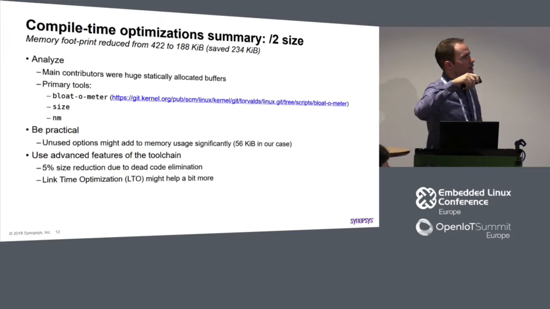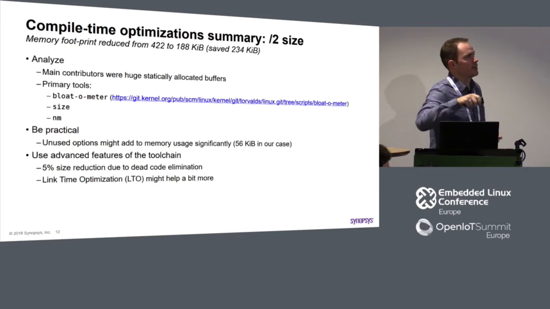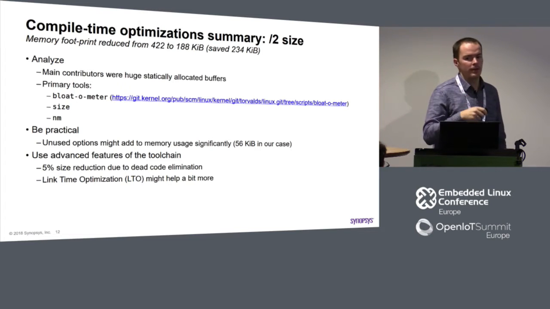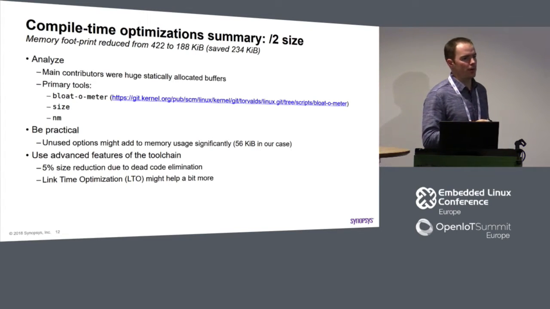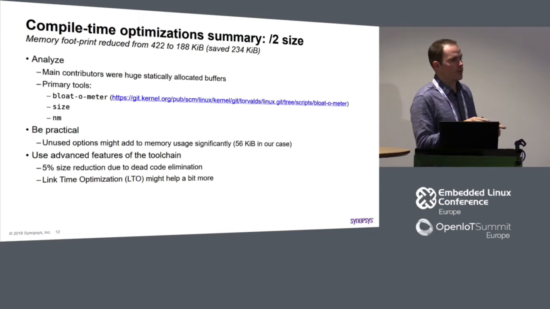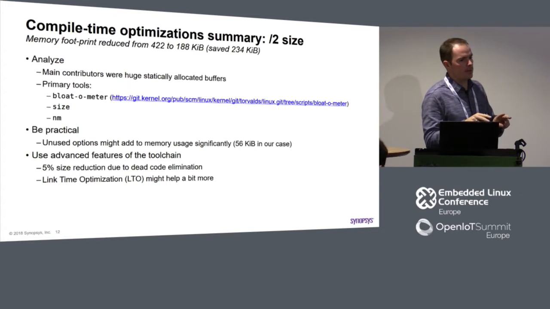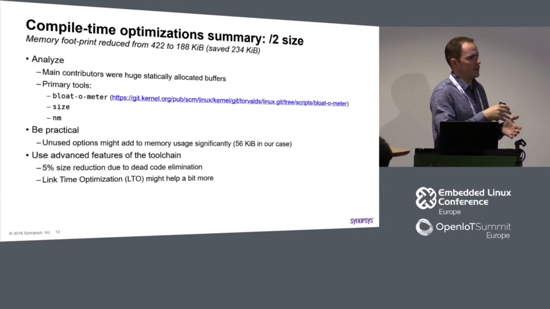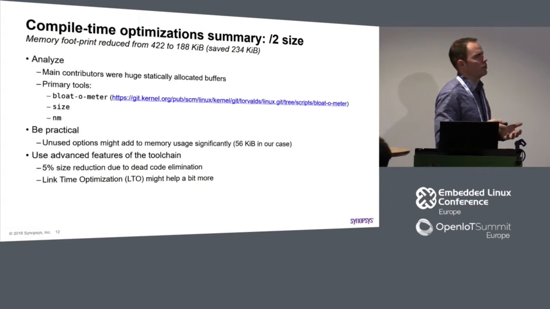What helped us the most was the analysis of our resulting binary. I used just size and nm here, at least that's what I showed. But also during my experiments I used bloat-o-meter quite a lot. That's a very nice utility which allows you to compare two different ELF files, and it will show you how different symbols became bigger or smaller, and how much memory you were able to save.